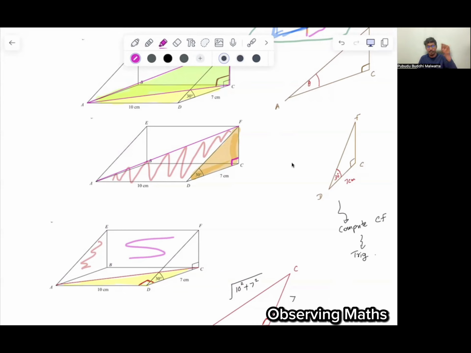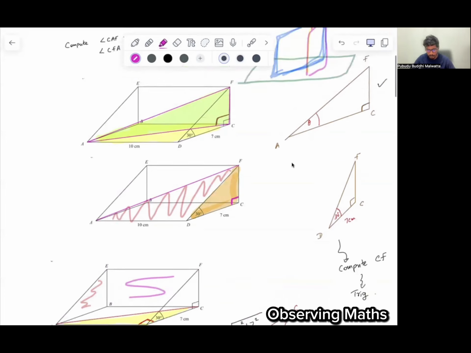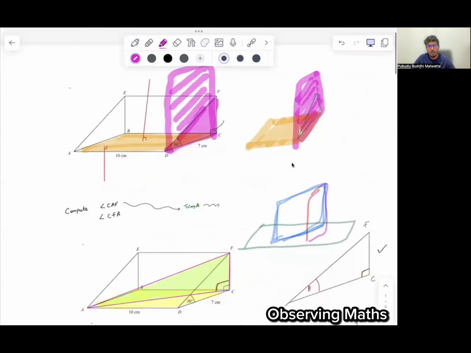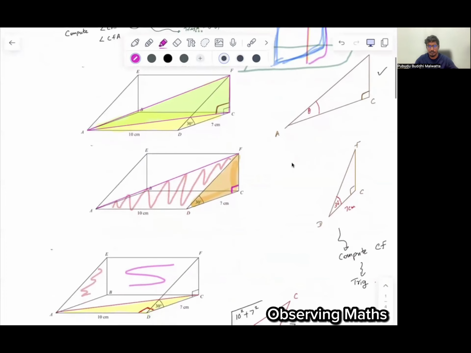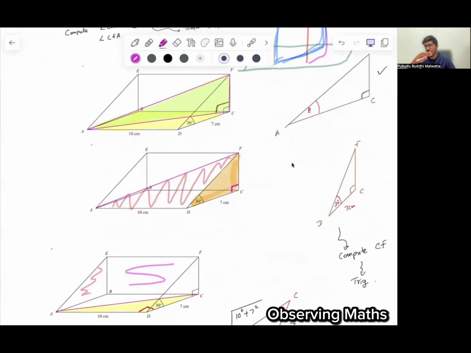Then ADFE, that's another different plane. You think about those things and more often try to draw them. Not 3D figures, but 2D versions. How could you extract 2D triangles, 2D planes from 3-dimensional figures? That's the key. Or identifying 2D planes. You can color those planes.